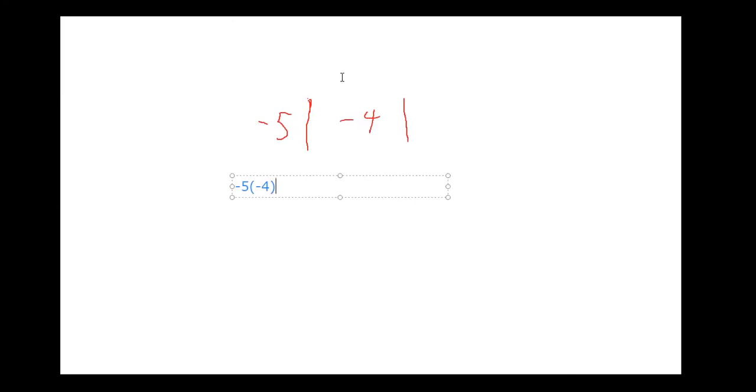It's just that with this one here, with these lines, the negative goes away, whereas with this, the negative stays. The absolute value removes the negative on the inside here because it's absolute value. The negative 4 becomes just 4. So this is going to become negative 5 times 4.